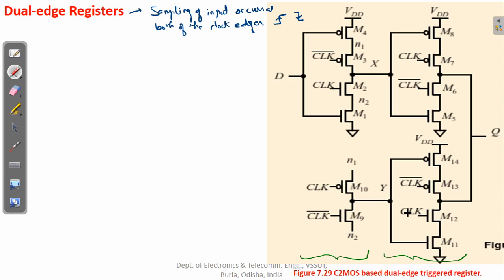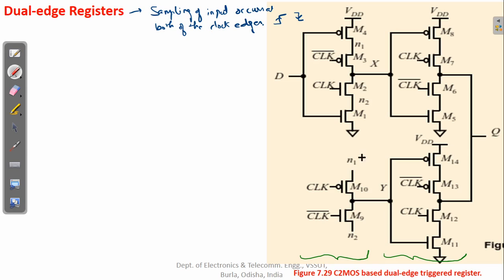So they are completely dual of each other. Okay, this is one thing, and this is the ground of upper part first stage. This is the ground of upper part second stage, and similarly this is the ground, and here there would be a ground for these 2 stages, and the final output is drawn from the output of the upper stage and the lower stage. They are connected directly, and the common output is being taken from here.